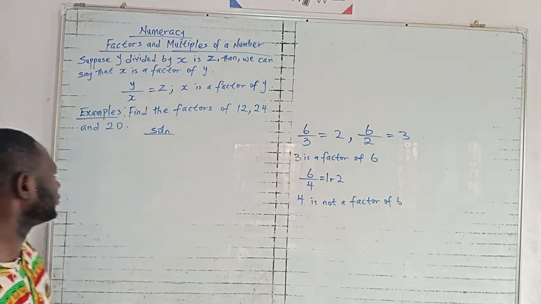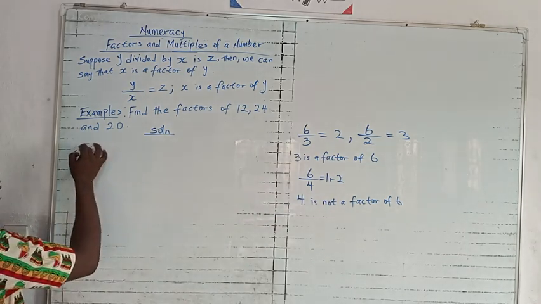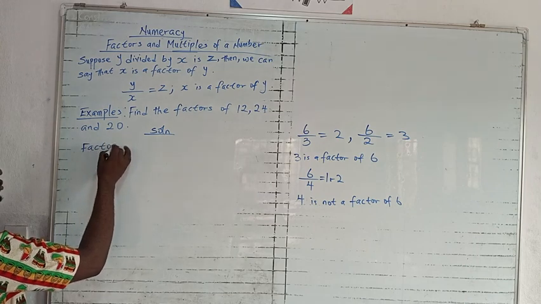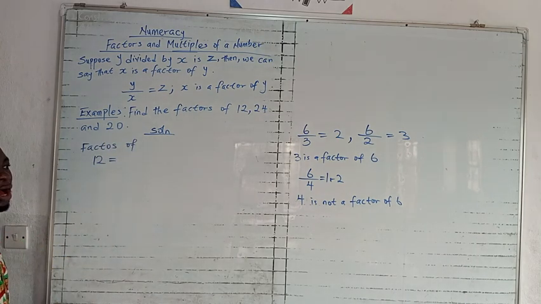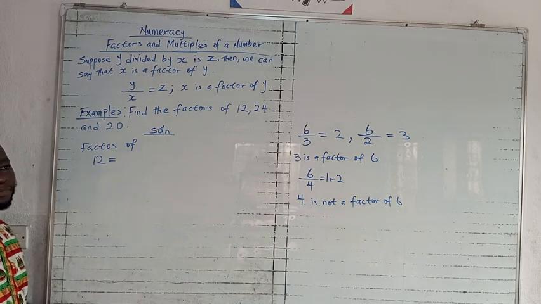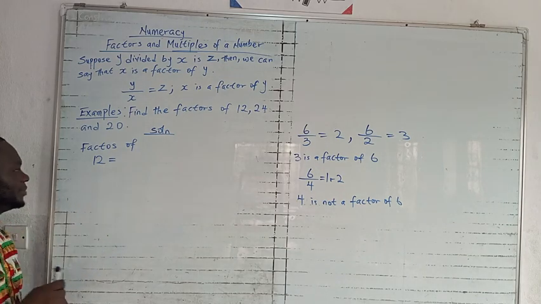Okay? So, let's look for factors of 12. So we need to find all the numbers that can divide 12 without a remainder.